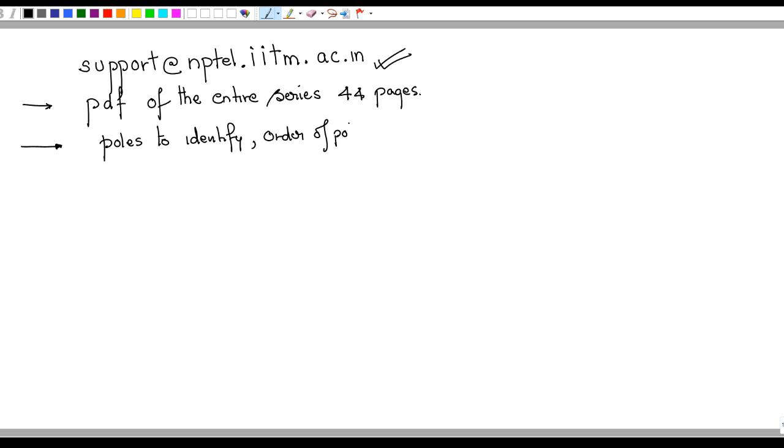Then you will identify the residue, or calculate the residue. There is one beginning portion where the questions are simpler. They are called the recall type. Within that you will have this level of queries: order of the pole, identify the pole, residues at the pole.